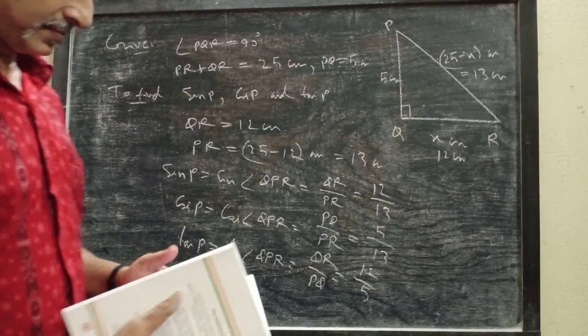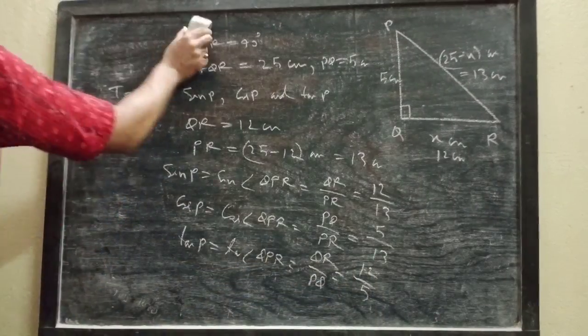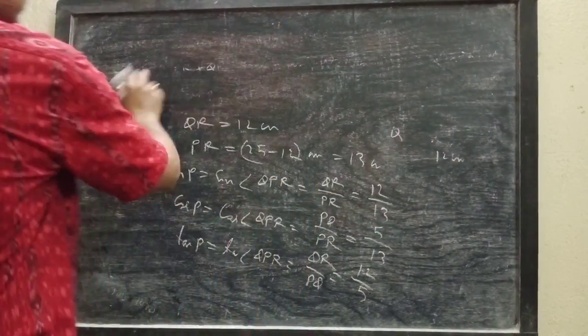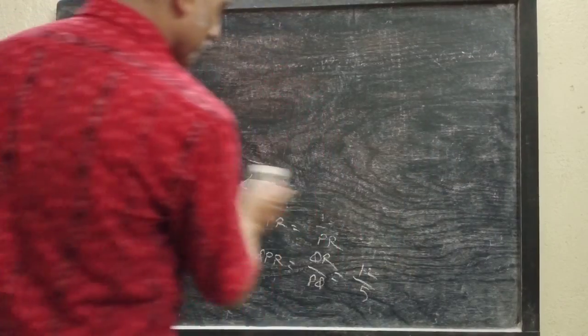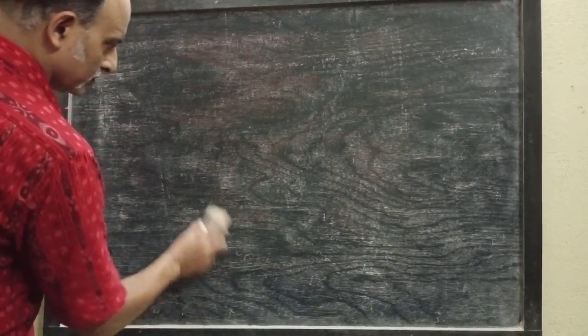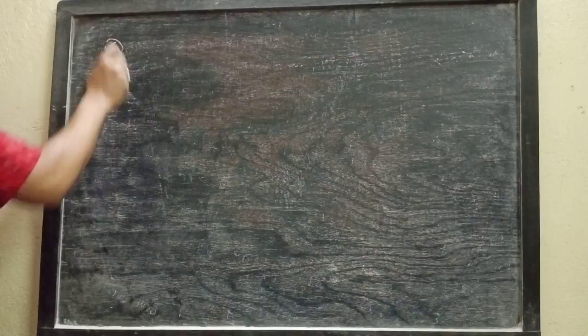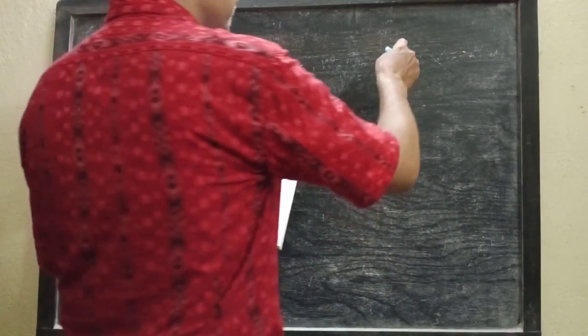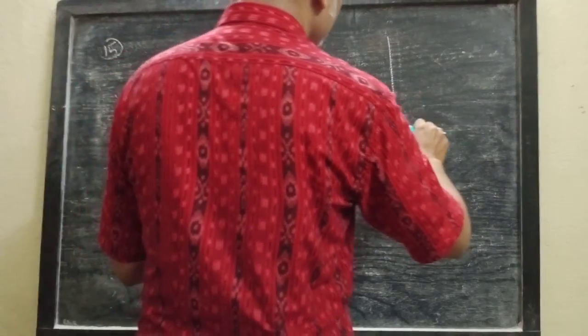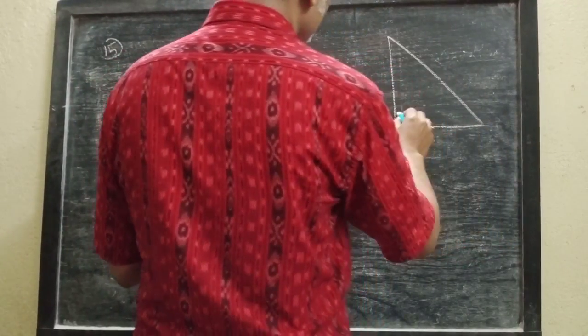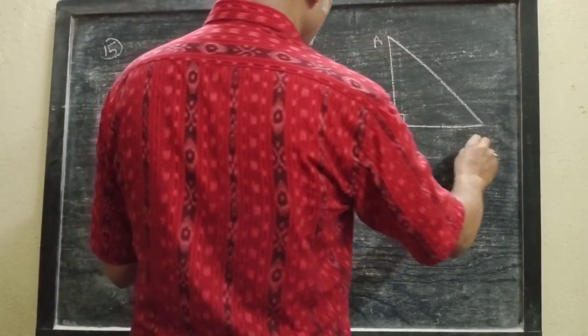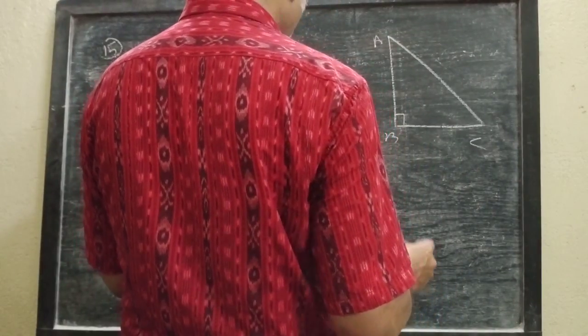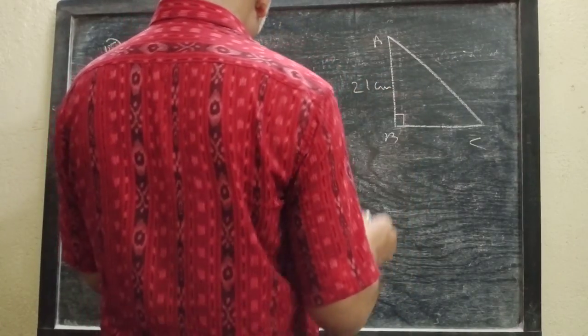Next, number 15. In triangle ABC, right angle at B. This is our triangle ABC, right angle at B. AB is 21 centimeter.